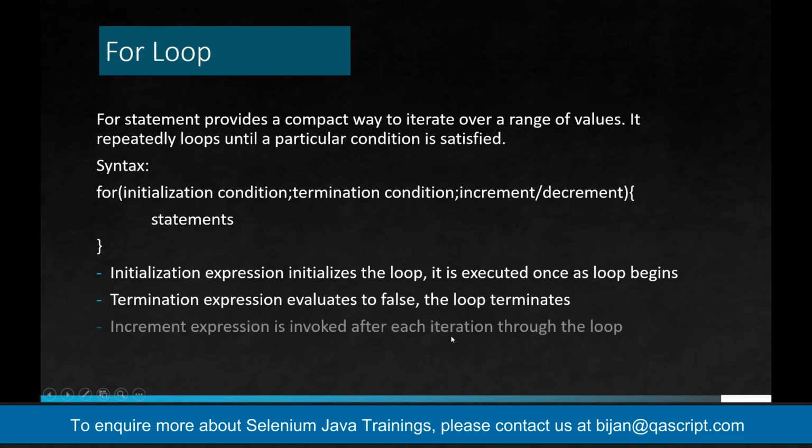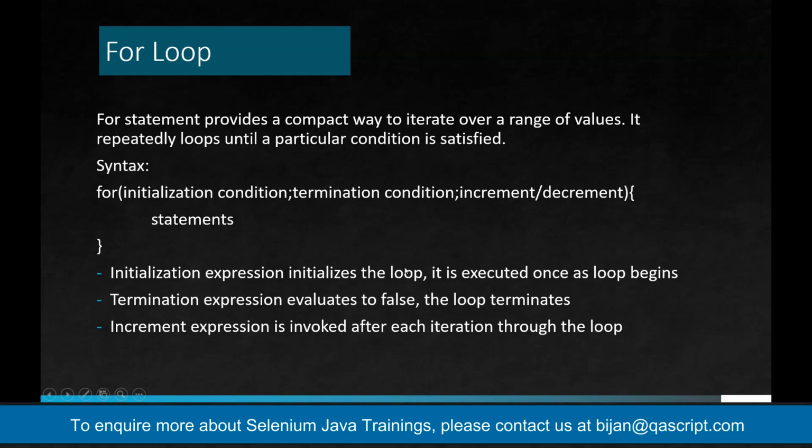And increment or decrement means you are incrementing or decrementing your initialization value. After each loop, it will either increment or decrement. That is the way it iterates over a range of values.